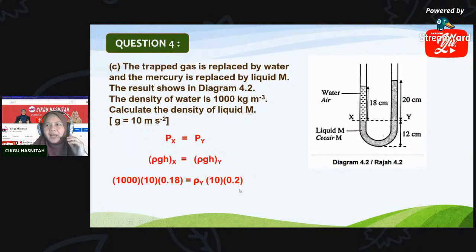Okay, and at the other side, the density of Y we want to find. So G is 10 and the height of the column above point Y is 20 cm. Again, in meter is 0.2. So by this, we can find the density of liquid M, which is rho Y. So what is rho Y?